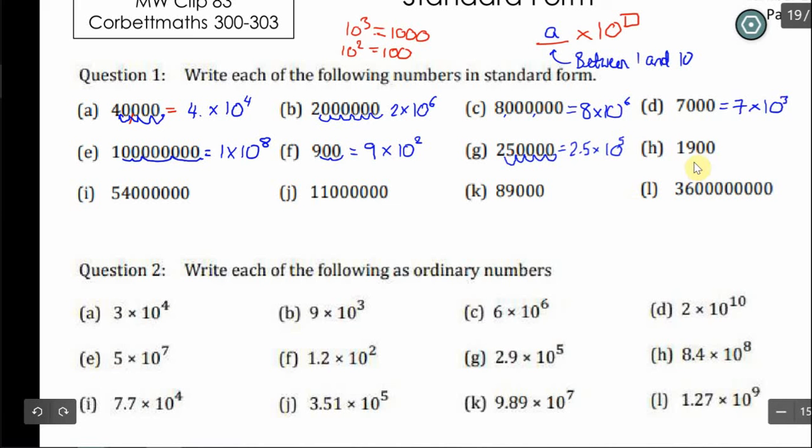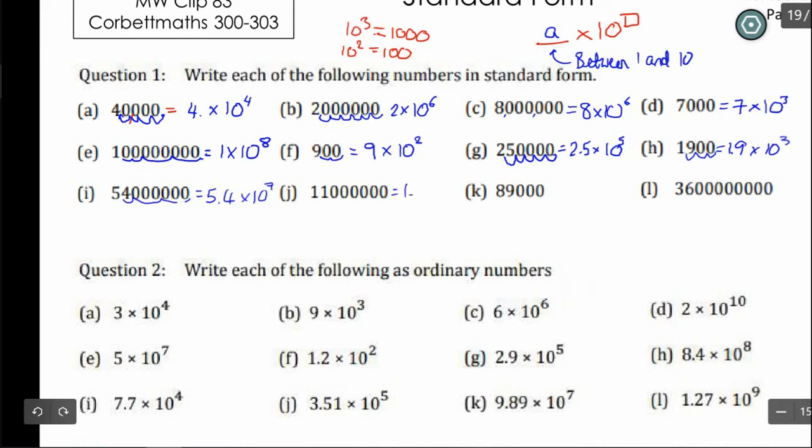On the next one, between 1 and 10, I'm going to go for 1.9, times 10 to the power of 1, 2, 3. This is how many times I need to move it to get it between the 1 and the 9. This one is going to be 5.4 times 10 to the power of 3, 6, 7.